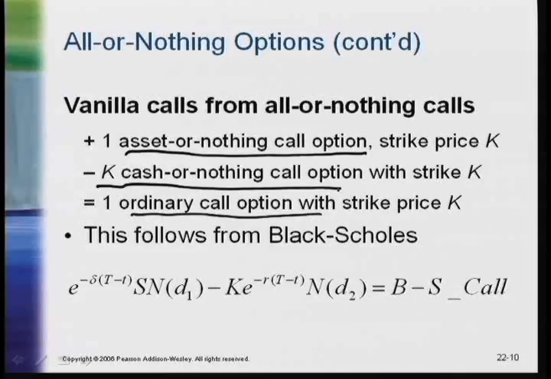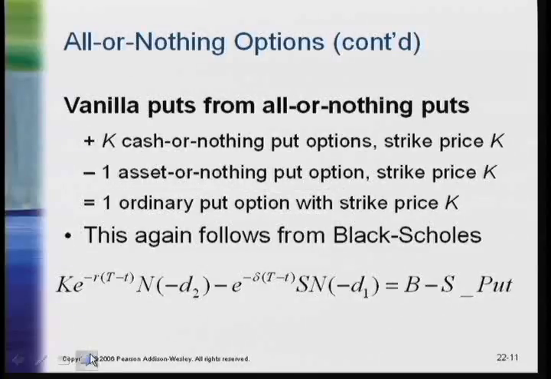And by putting in the appropriate coefficients, you have the one long position in the asset or nothing call, the short position in K cash or nothing calls, and you end up with exactly the Black-Scholes formula.